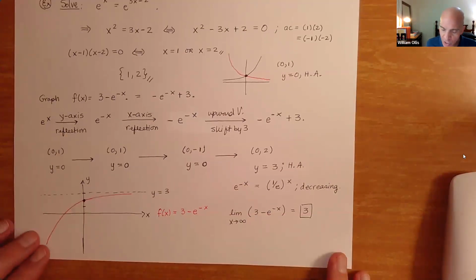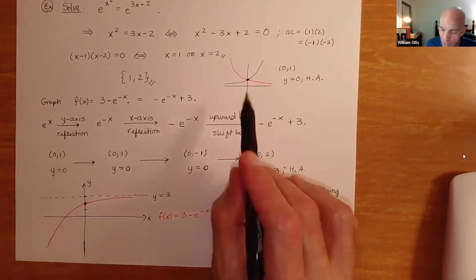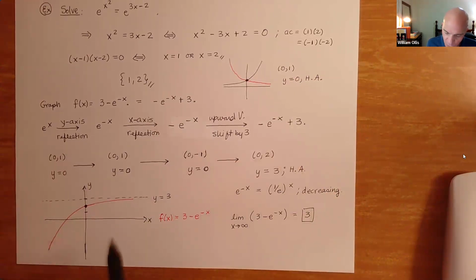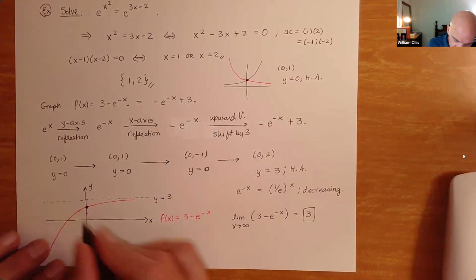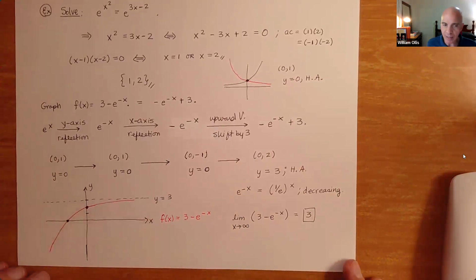So again, just remember, when you're doing the transformations, the new parent function is now the base a exponential. And you can do the same thing for the base a logarithms. So we see here that what's interesting about this is we have to cross the x-axis right there.